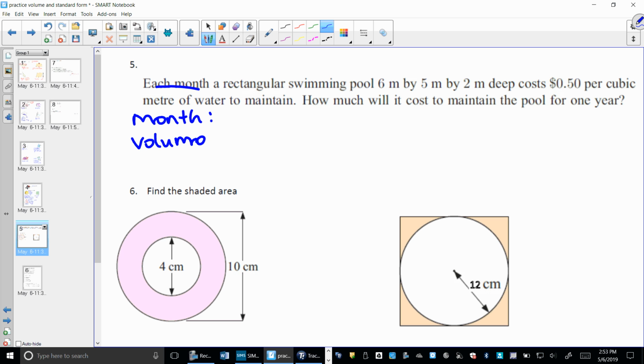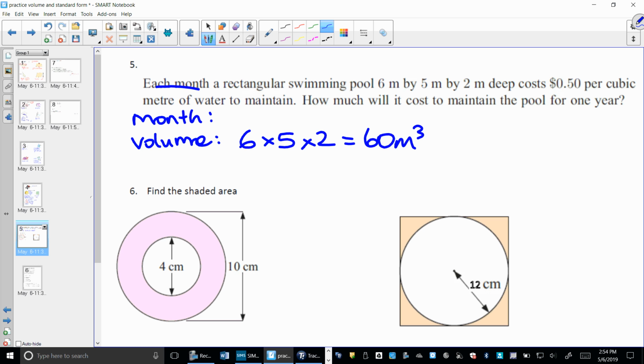How do we find the volume of the pool, Manson? Because it's a cuboid, yes? So 6 multiplied by 5 multiplied by 2 gives us 60 meters cubed.